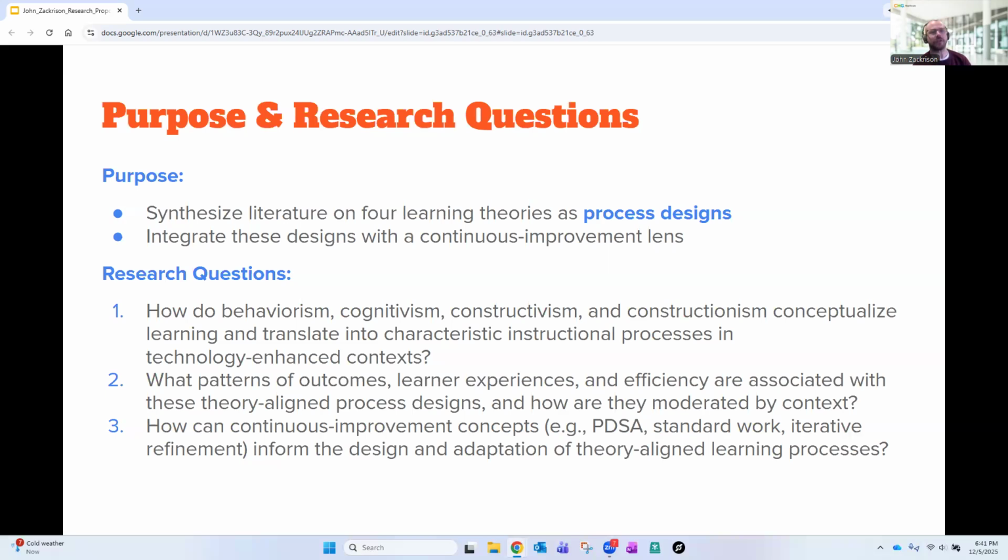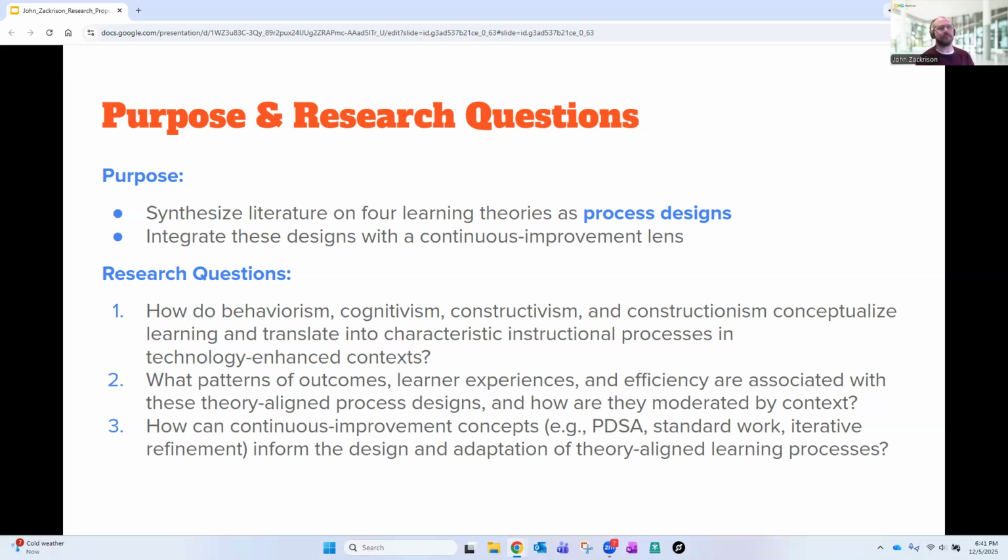And we try to treat each of these as process designs for learning, especially in technology-mediated environments. Second, I want to bring in a continuous improvement lens to ask how those processes can be measured, refined, and hybridized in practice.